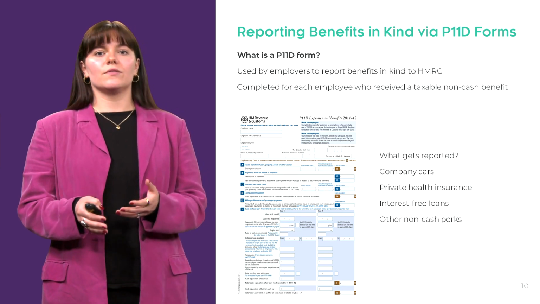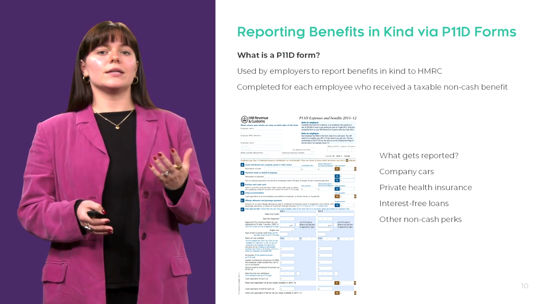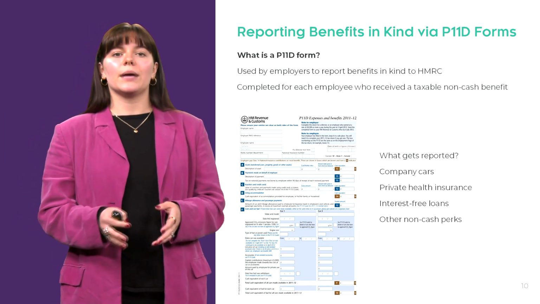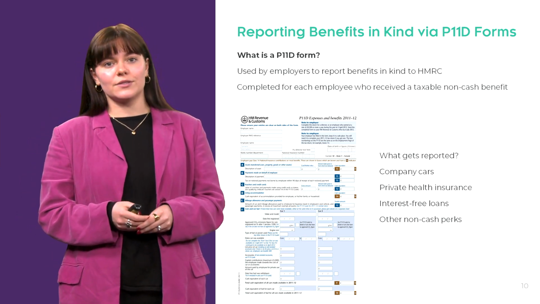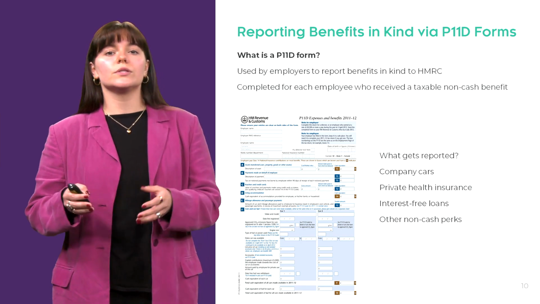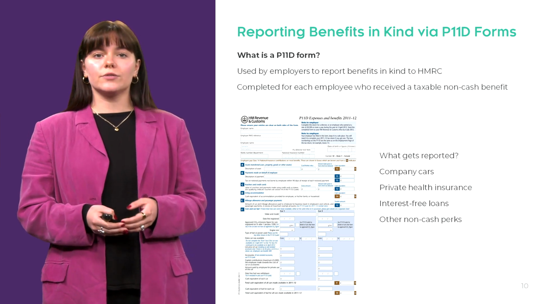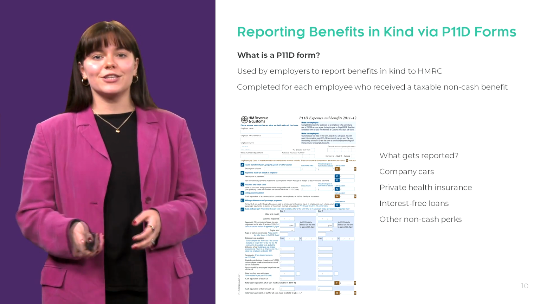The form details the value of each benefit and that amount is added to the employee's notice of coding. This has the impact of reducing their personal allowance. Employees should also receive a copy of their P11D, which is important for them to check accuracy when completing their tax returns.